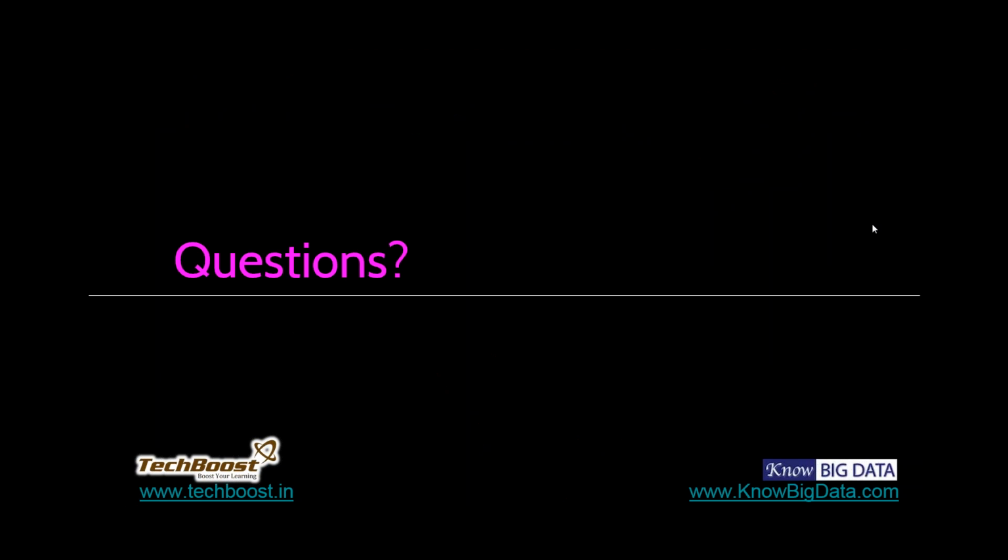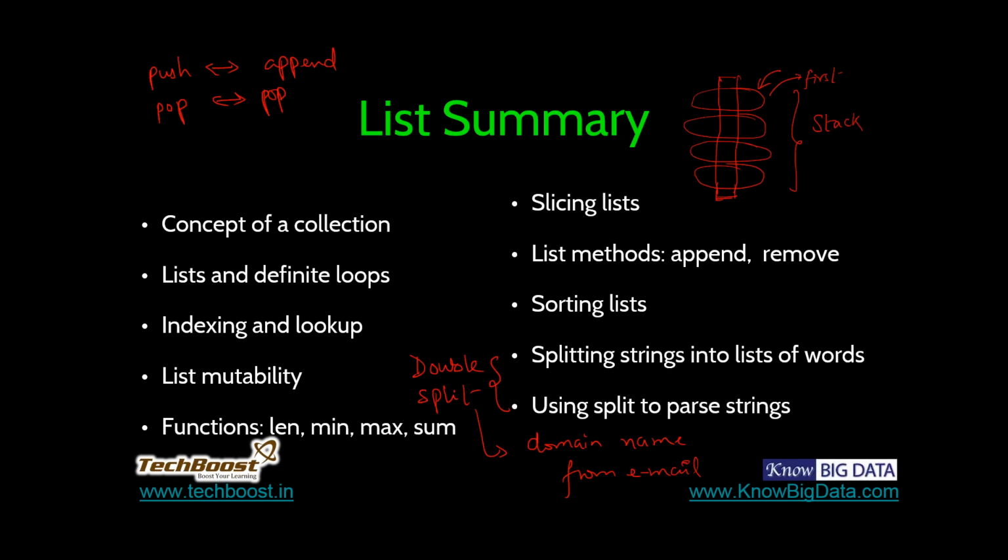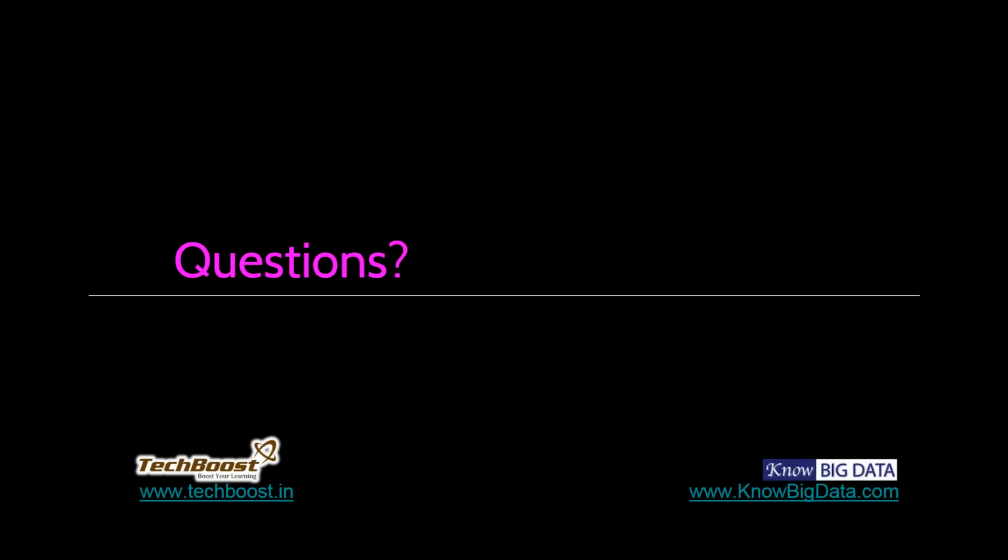Can I split the list in one step? Like I want to split both where it has white space and colon or semicolon. Can we do that? Okay. So you're saying that what if I have a list? What if you have a string, correct?